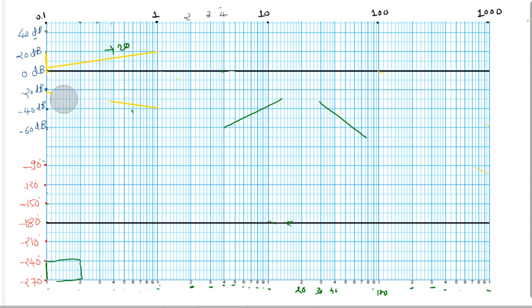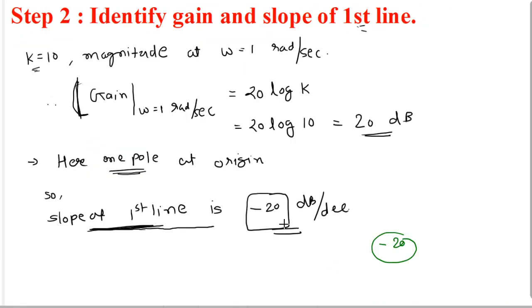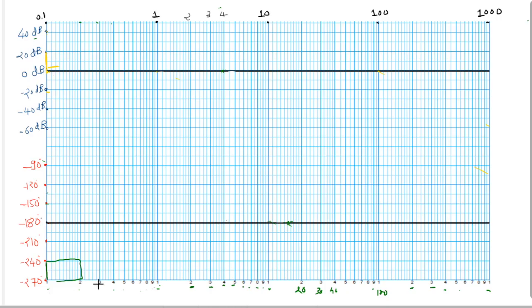Now we draw the Bode plot for our transfer function. Here you can see our reference, 0 decibel and minus 180 degrees. For the constant, we obtain 20 decibel. So I am first drawing the 20 decibel line, that is our 20 decibel for k equal to 10.